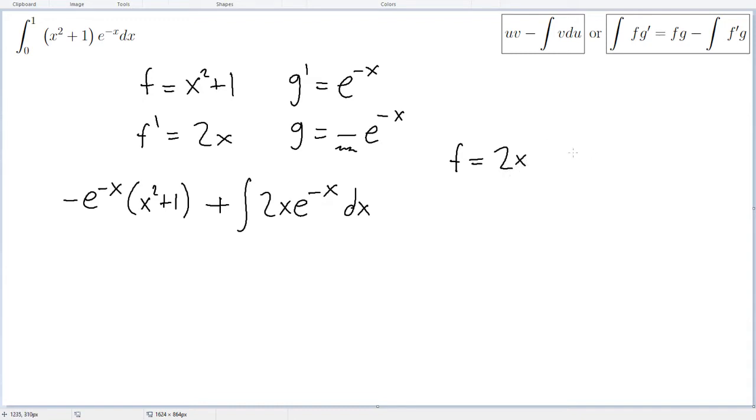I'm just going to derive 2x, and I want to integrate e to the negative x. When I derive this, this is just 2. And then g, same thing.